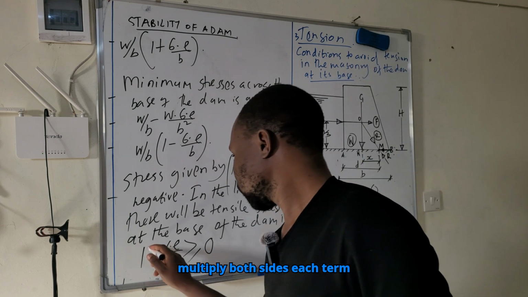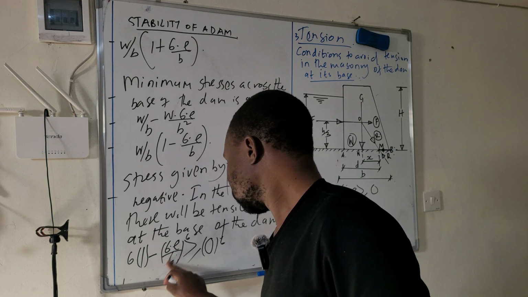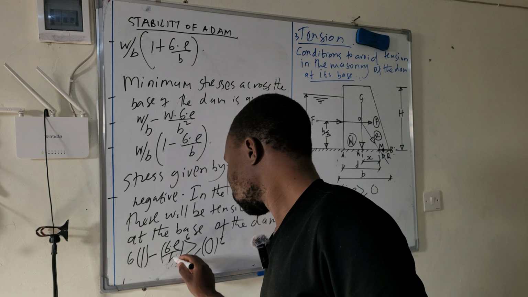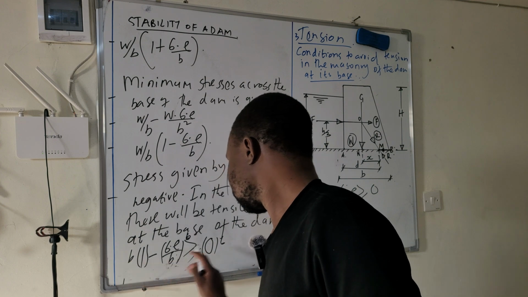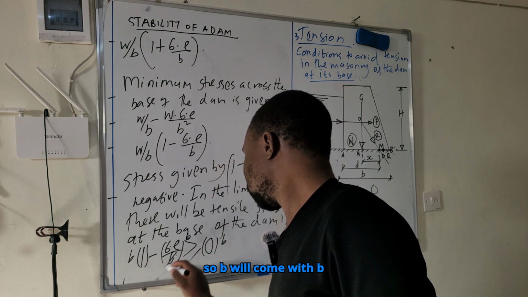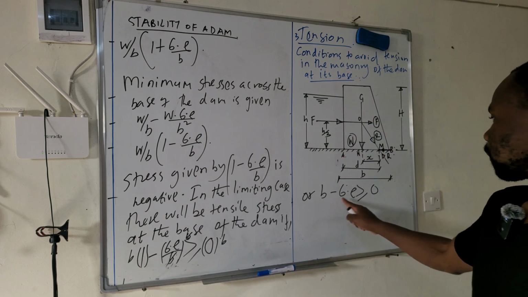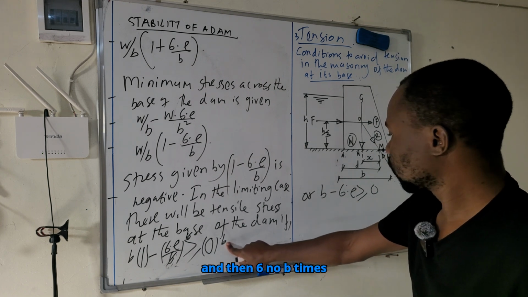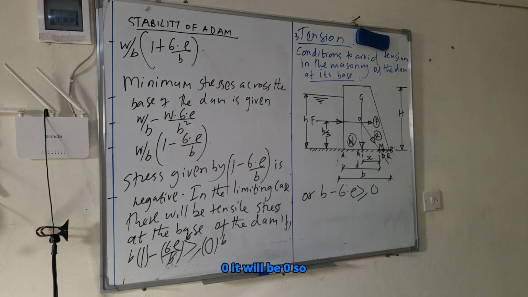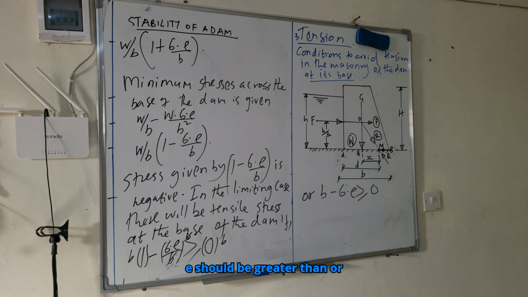So you multiply both sides, each term by B, so B will cancel with B. So 1 times B will be B, and then 6 times E will remain, and then B times 0 will be 0. So B minus 6E should be greater than or equal to 0.